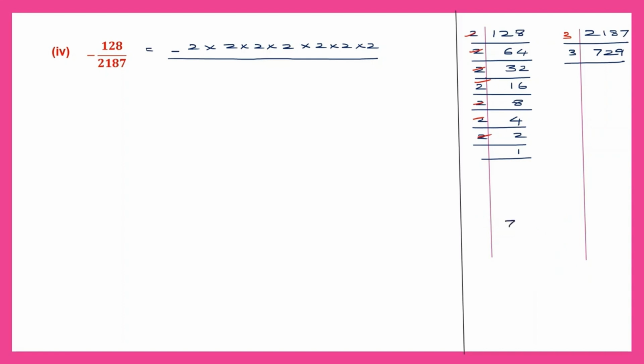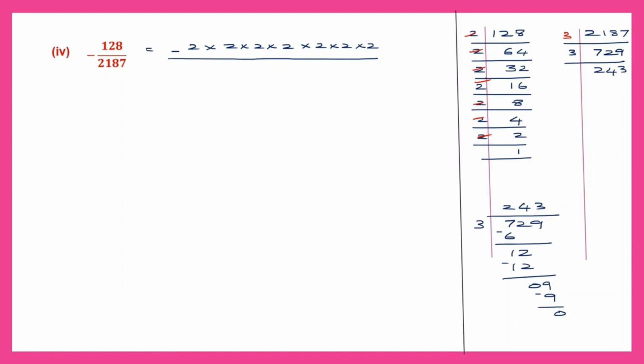729 divided by 3. 3 twos are 6 minus 1, bring down 2, 12, 3 fours are 12, minus, bring down 9, 3 threes are 9. So it is divisible by 3. So 3 into 243 will give us 729. Now is this divisible by 3? 2 plus 4 is 6, 6 plus 3 is 9.